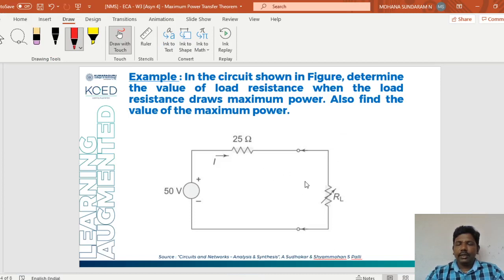So it is clear from the theorem, you can directly write that if you choose RL value the same as this equivalent source resistance, then maximum power will be transferred from the source to the load. Okay, the power transferred will be maximum. So let us verify this.